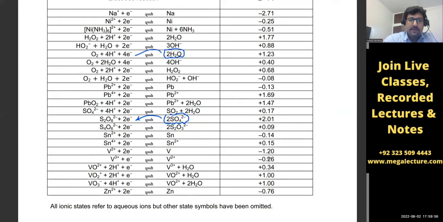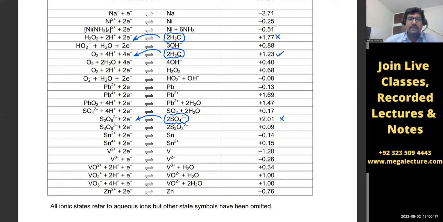This one loses electrons, and I've got this one, and it also loses electrons. And among all three, who loses electrons? The one that has the lowest E naught. It's 1.23 volts, 1.77 is the other, and 2.01 is also greater.